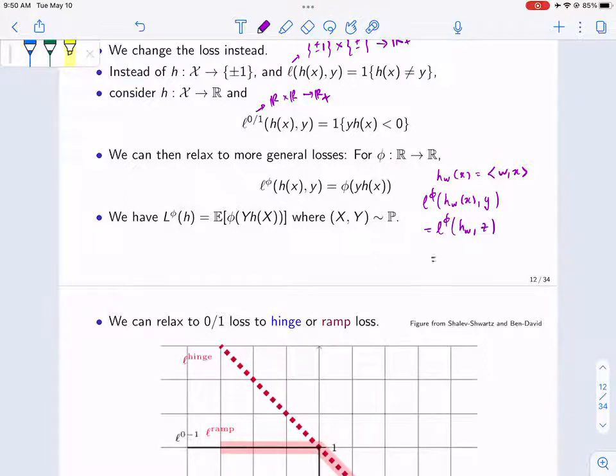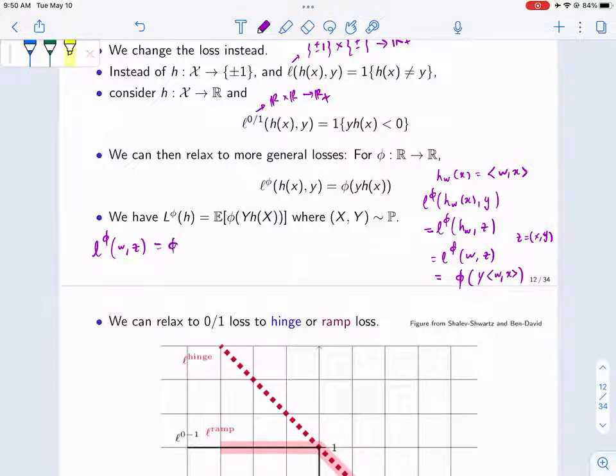And then we also write it as L phi of just w and z. Okay, so these are all the notations that we're going to use. Z here is just x, y.